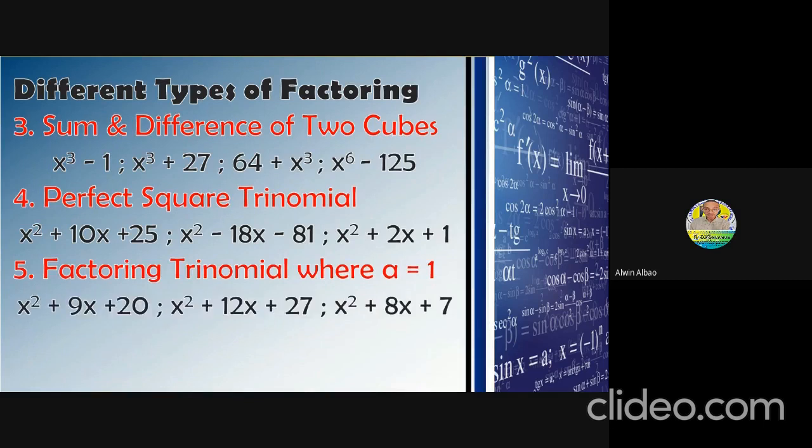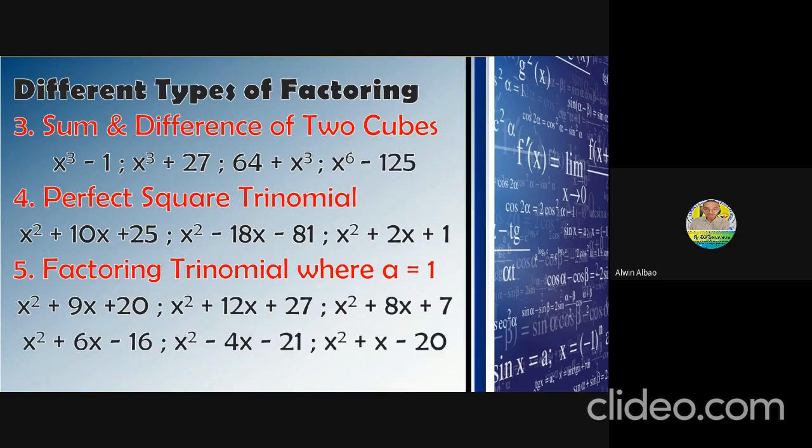X squared plus 9x plus 20, x squared plus 12x plus 27, x squared plus 8x plus 7. So, yung first term natin, laging coefficient niyan ay 1. And then, yung last term natin, kapag positive ang last term, kailangan yung factor ng last term ay kukunin nyo yung sum at dapat yung lalabas yung nasa middle term.